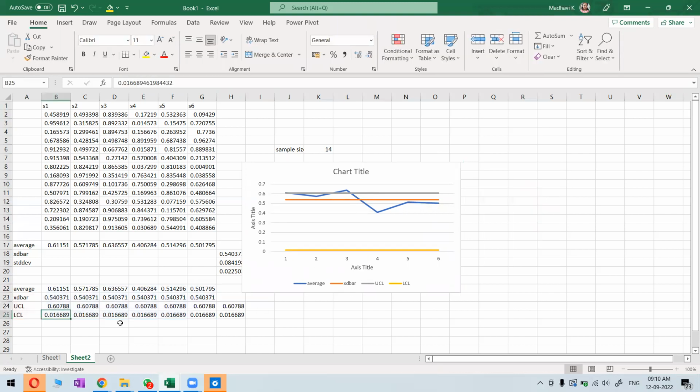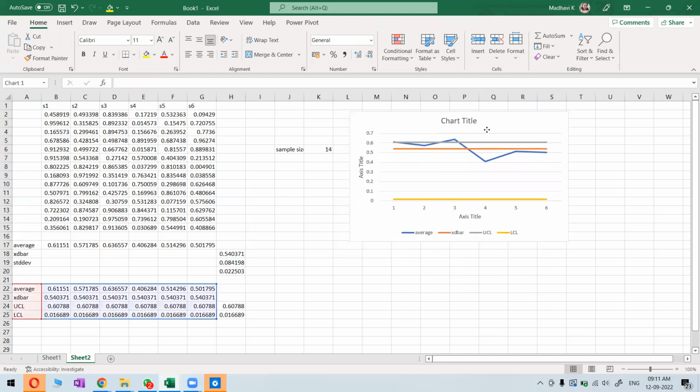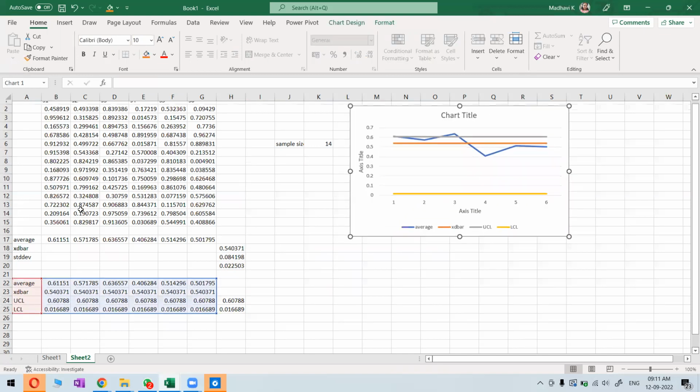Looks like something is wrong with X bar minus 3 sigma. Yeah, this is fine. So we can see that everything is within these limits, but when it comes to this particular point, sample 3 is above the upper control limit. That means it is out of control and some attention is needed. And this is about the X bar chart average values.